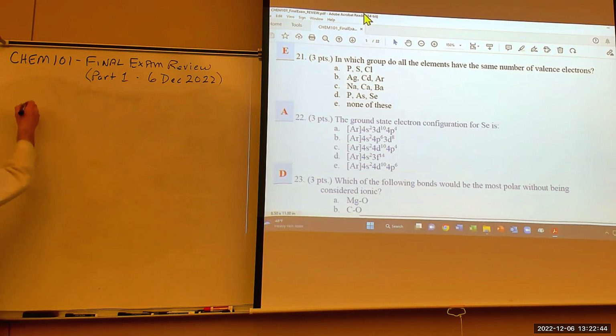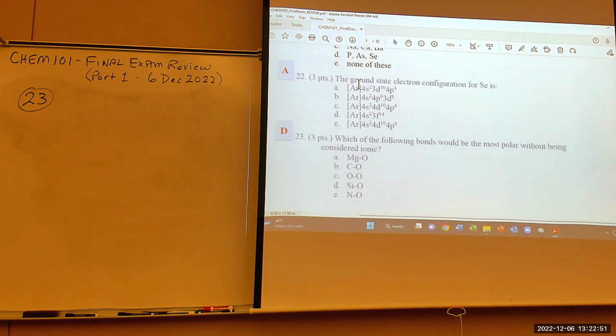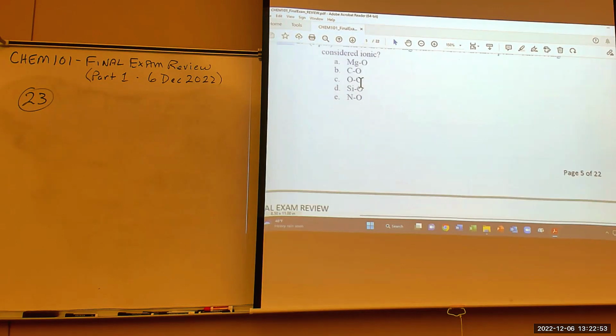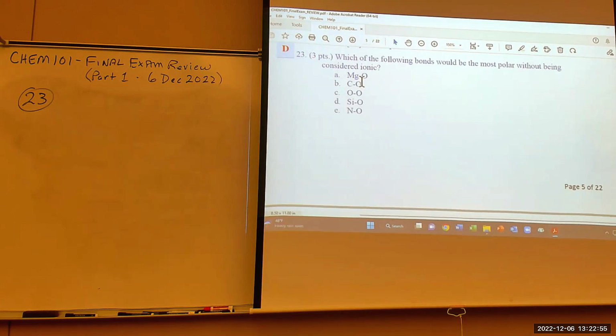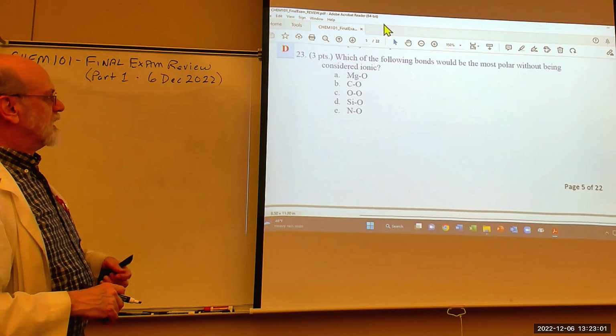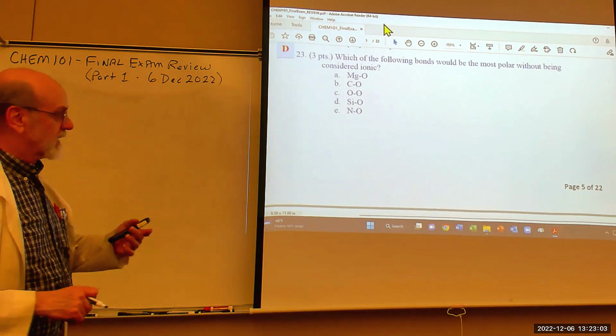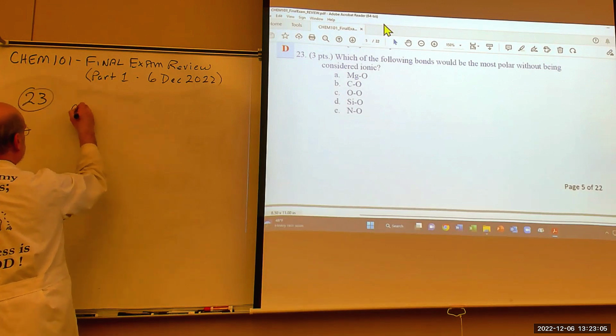23. I have to scroll this one. Okay. Which of the following bonds would be the most polar without being considered ionic? Let me write all of them up here.